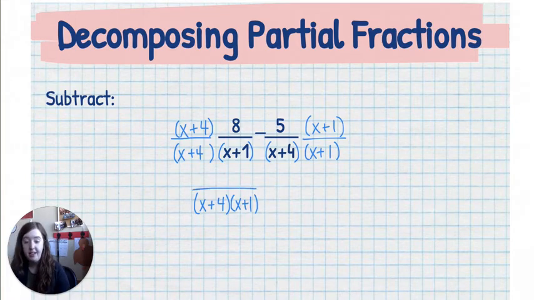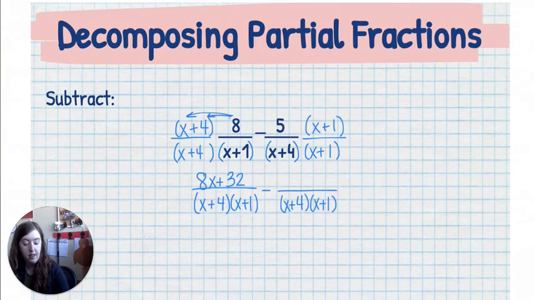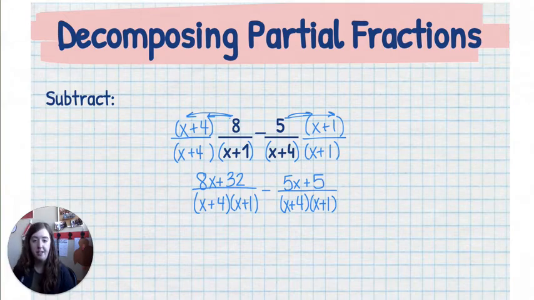I'm going to distribute that 8 out over here and get 8x plus 32, minus, with the same denominator of x plus 4 times x plus 1. Then we'll distribute out the 5, and we'll get 5x plus 5 in our numerator.